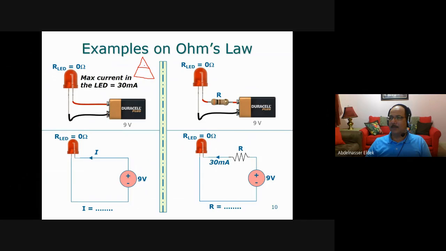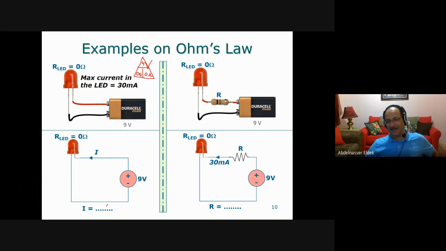So again, here it is, V = IR. The voltage is 9 volt and the resistance is 0 ohm. The current will be infinity, because 9 divided by 0 is infinity. So it will not work.